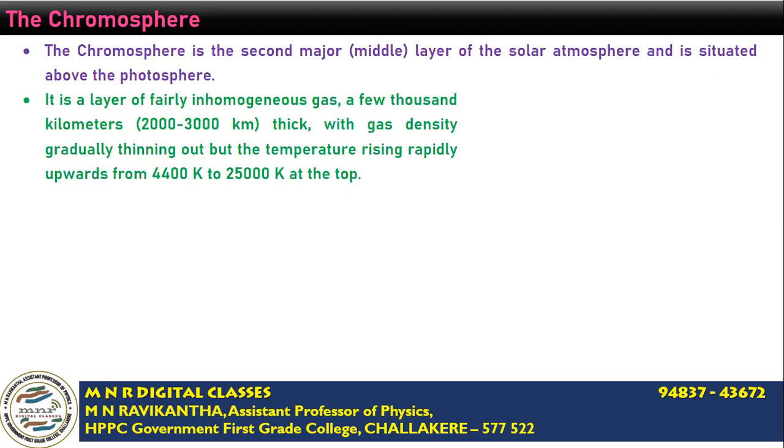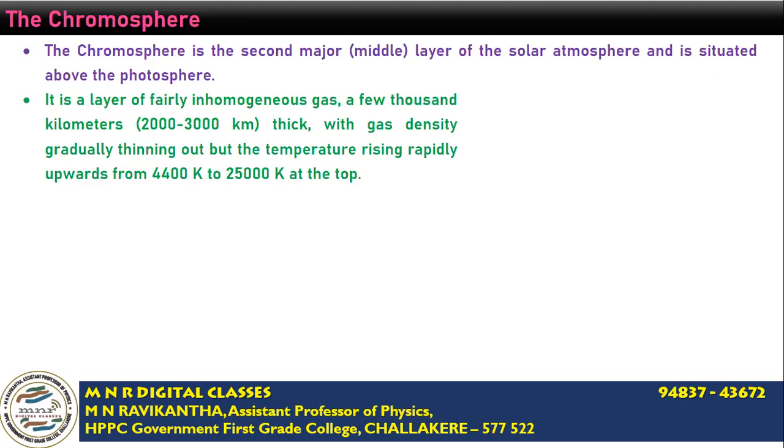There is strong evidence for a spatially and temporally inhomogeneous chromosphere. We can see the successive layers of the chromosphere having a wide variation in temperature. We see a gas layer having temperature less than 4000 Kelvin present beside another layer having temperature more than 8000 Kelvin.